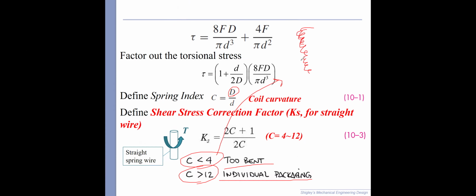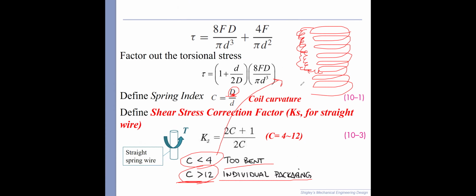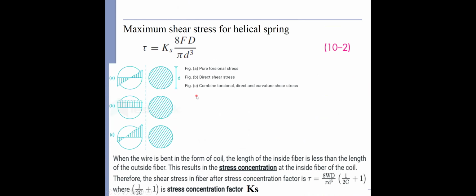And if the spring index is greater than 12, that means this capital D is larger, so this will be the case where C is greater than 12. So for the maximum shear stress of a helical spring, we can apply this correction factor to evaluate its real shear stress.